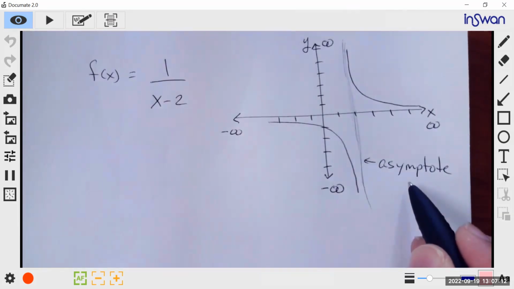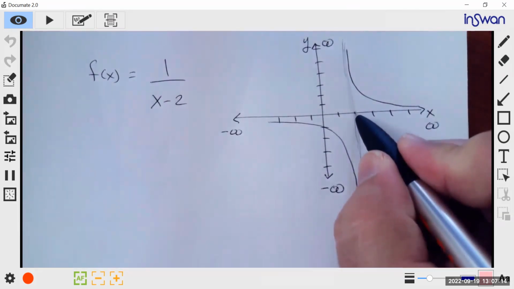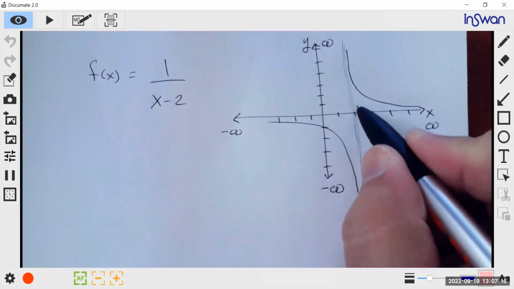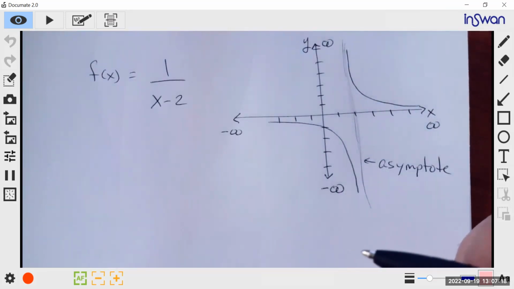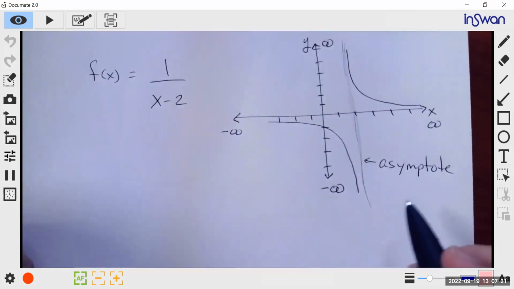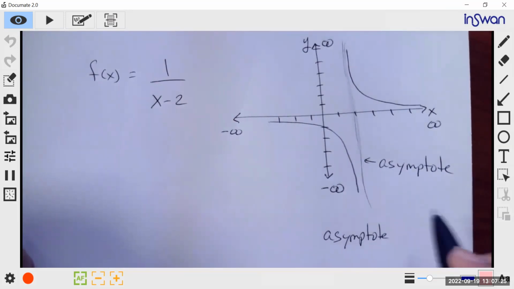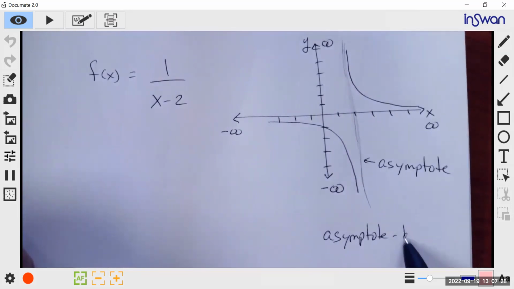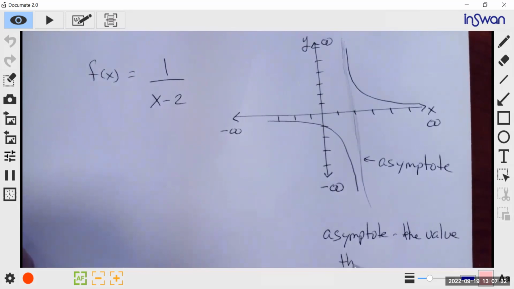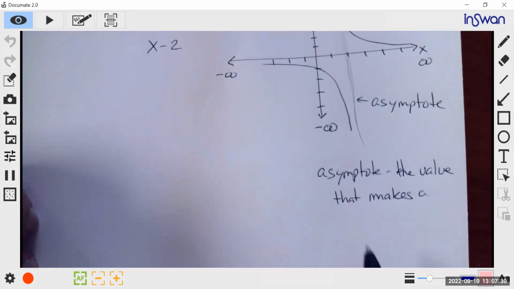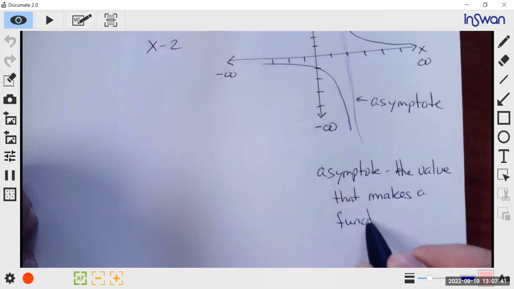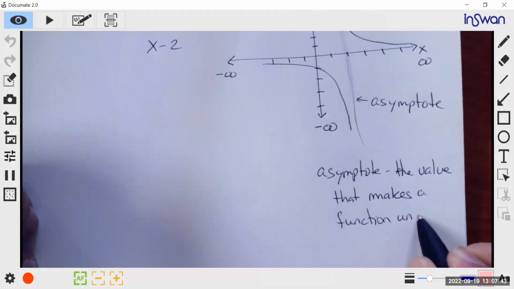The asymptote is the value that makes the function undefined.